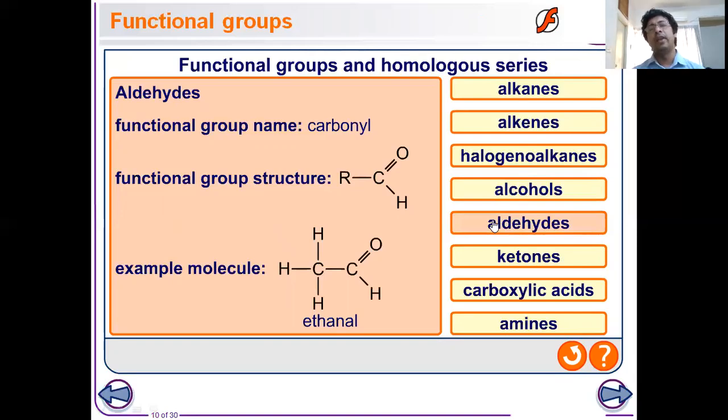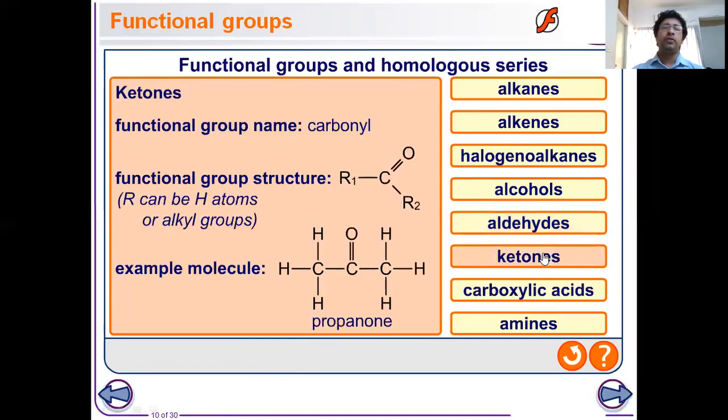Aldehyde is another type of organic molecule which contains CHO as the functional group. With this CO, one hydrogen must be joined to make sure that this is an aldehyde molecule. Its displayed formula is shown here. Well, in naming, alcohol always ends in -ol, like ethanol. But in the case of aldehyde, it will be -al, that is ethanal.